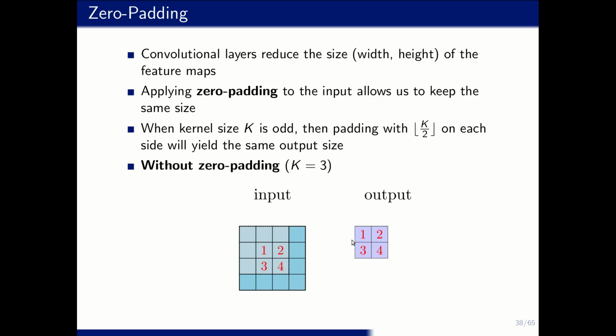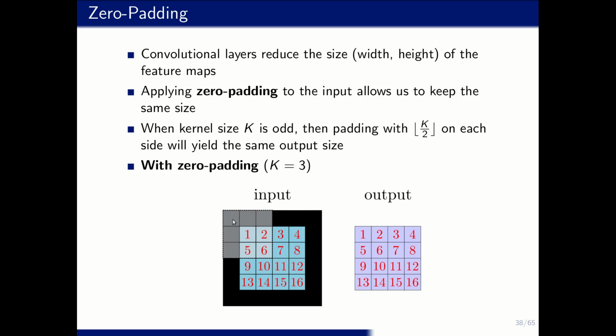Now if we want the output image to have the same size, we need to zero pad. Here k is 3, so we pad with floor of 3 over 2, which is 1.5, so 1. We just extend each side with one black pixel.